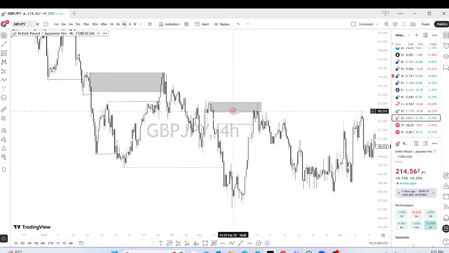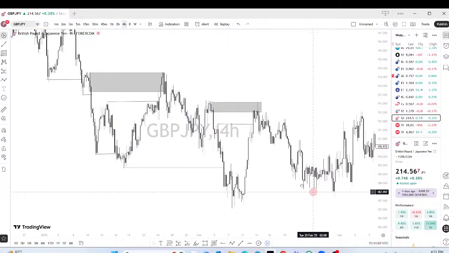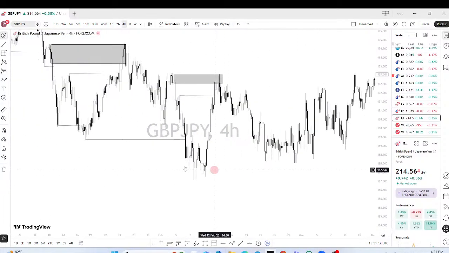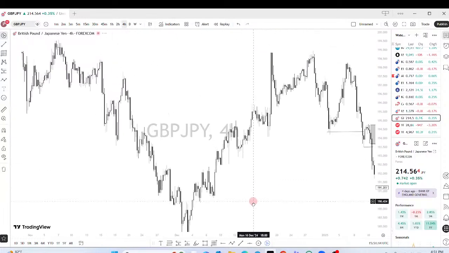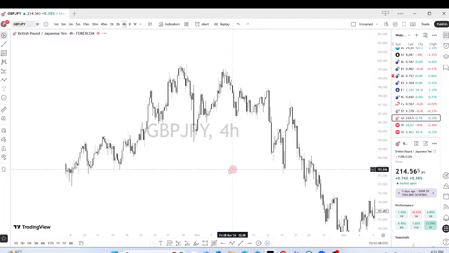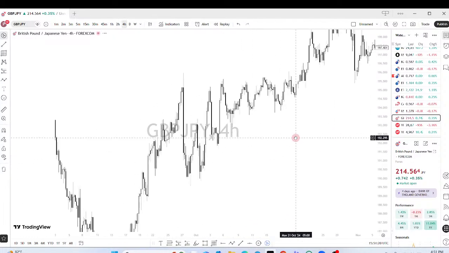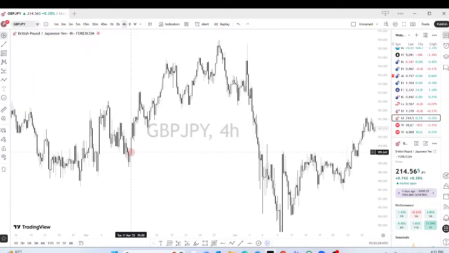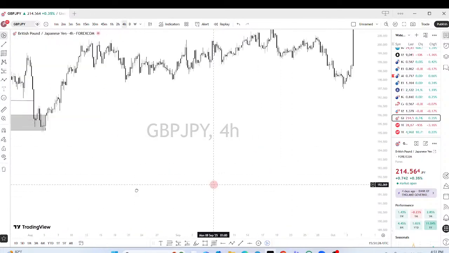Price swept this liquidity and then tapped into it, and then you see a dump. I don't know whether you guys are following. So this is basically how to follow liquidity, how to understand liquidity. Let's come back to the sketch.